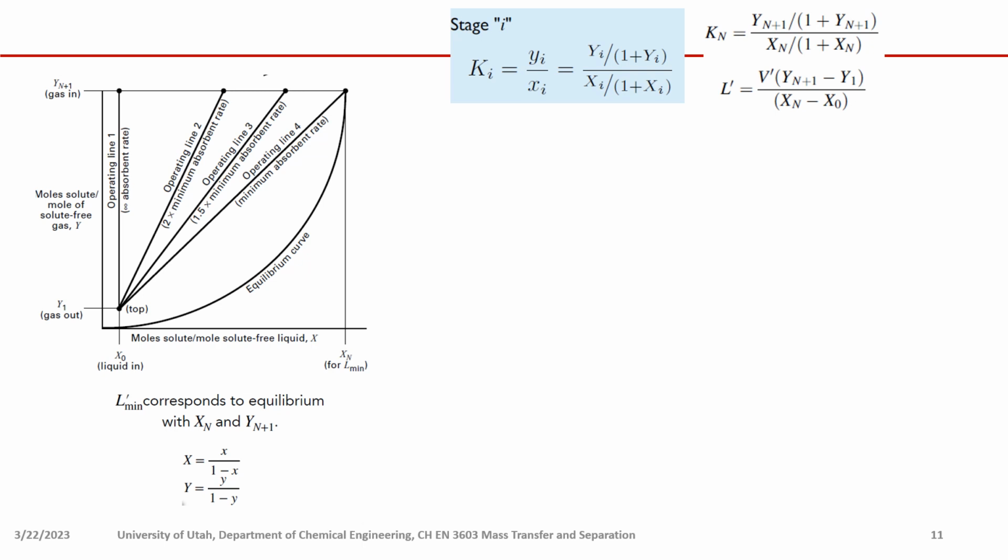We don't know this one, but we know that at the minimum flow rate the operation line crosses the equilibrium line, so that xn is related to yn plus 1 by the K value, right? If we rearrange this equation, we can derive xn, plug xn into that, and get L min to be this. Okay.